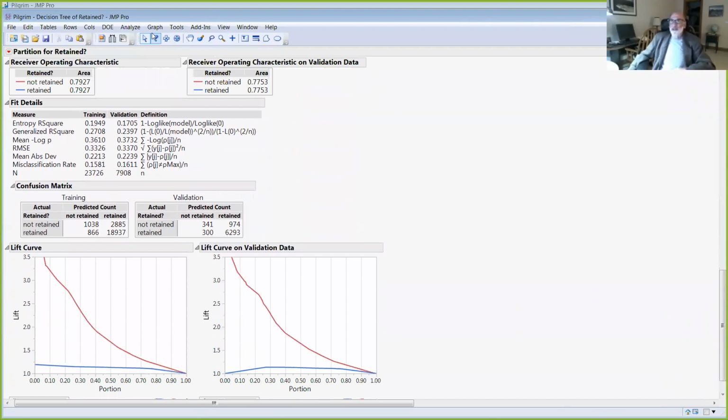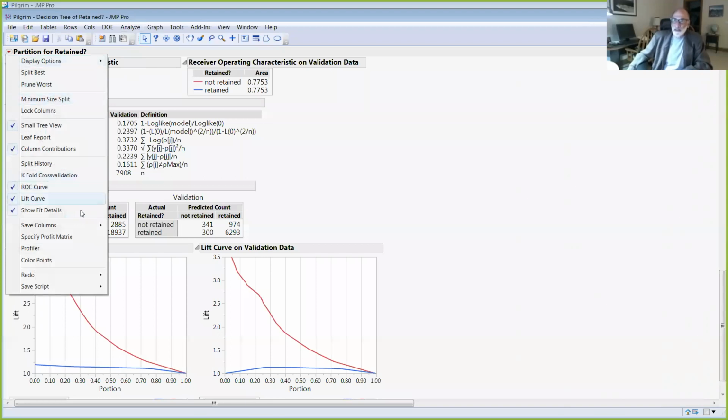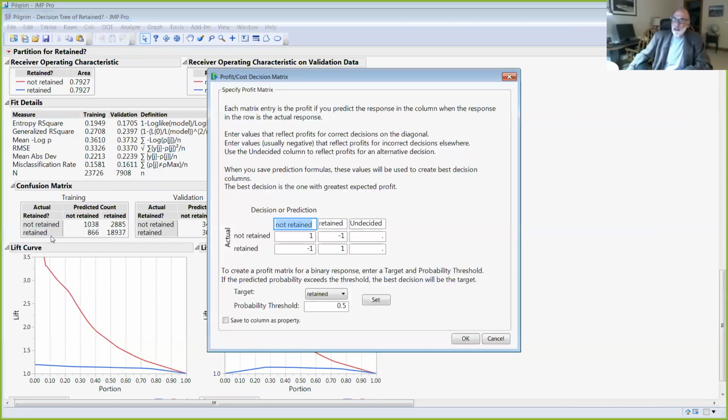And the final one that I'll point out to you, but it's actually a mess. I will put up a document trying to guide you through this, but the help file in JMP works pretty well. And that's to go to specify a profit matrix.